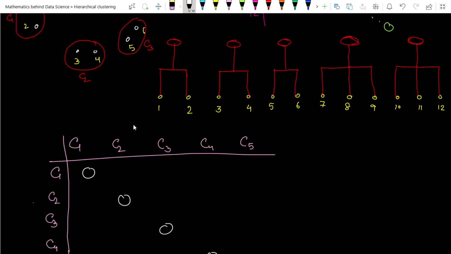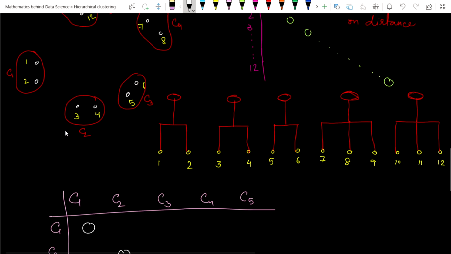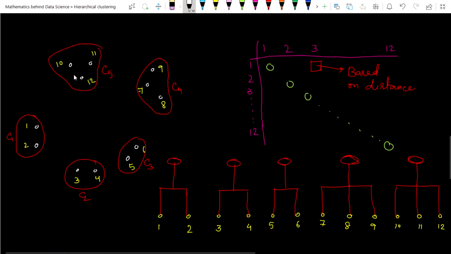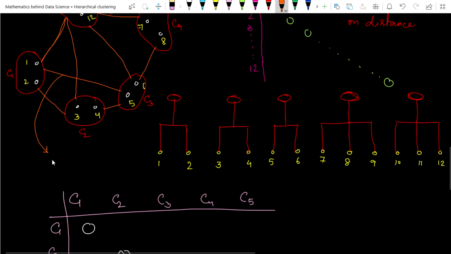Now we have to come to this step. We have to find the distances between the edge clusters. These distances we have to compute. Now how will we compute these distances or similarity?